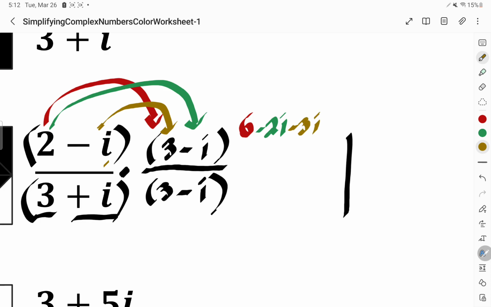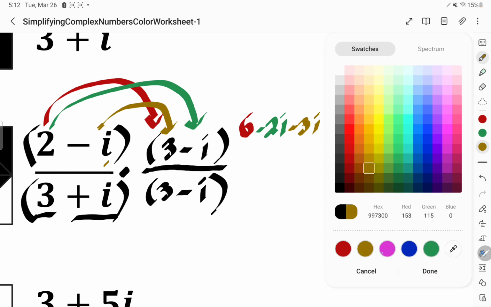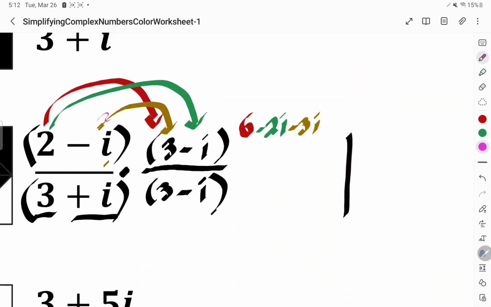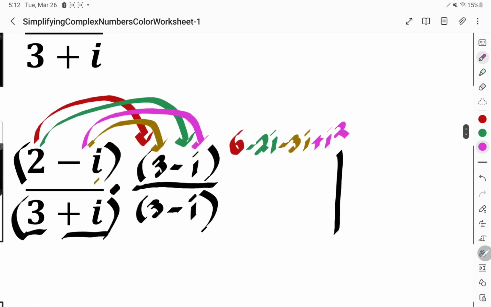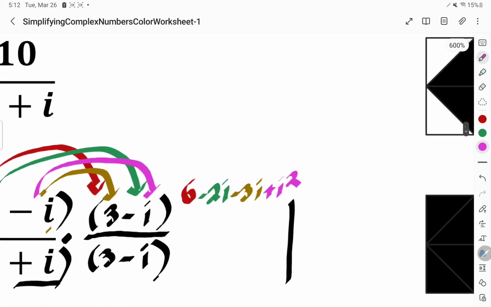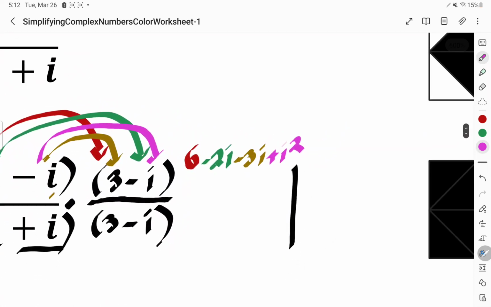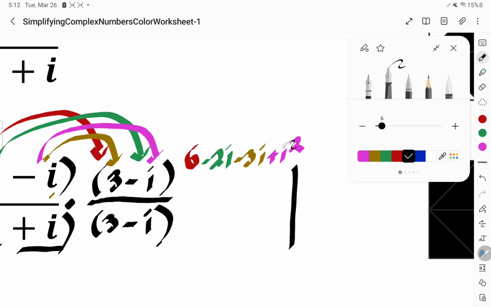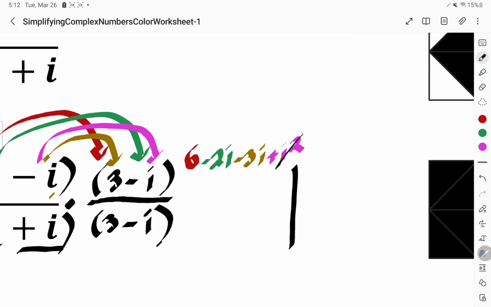And finally, let me pick purple here. Negative I times negative I is going to be positive i squared. Now remember, there's a 1 in front of the i squared, so technically it is plus 1i squared. This guy right here, I'm going to cancel it out and it becomes a negative 1.